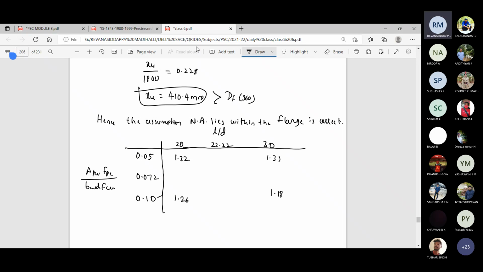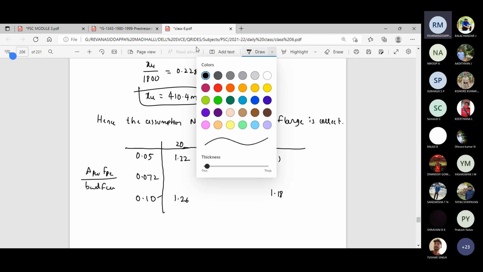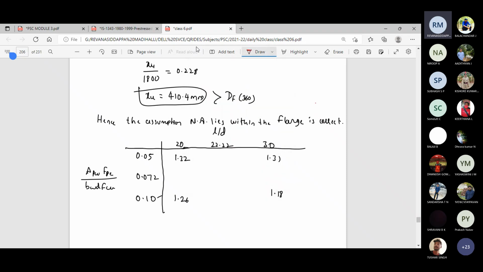Now we are doing interpolation between these. We know the FPU by FP value for L by D equal to 20 is 1.32, and for L by D equal to 30 is 1.31. Do the interpolation and get the value for 22.22. If you solve it, you will get the value as 1.295.